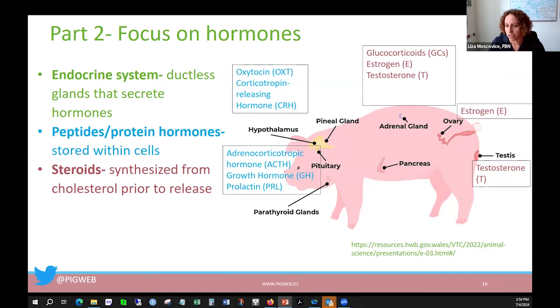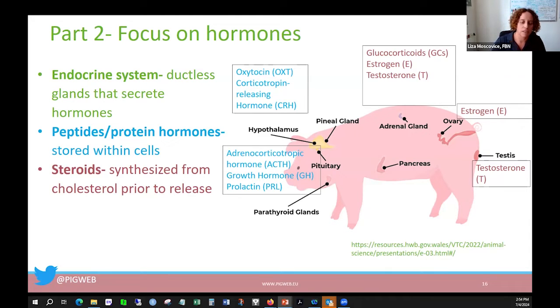And then the sex steroid hormones, estrogen and testosterone, which are predominantly produced from the sex gonads, the ovaries and the testes, but are also produced in smaller concentrations from the adrenals, which is why everyone has circulating estrogen and testosterone in their bodies.